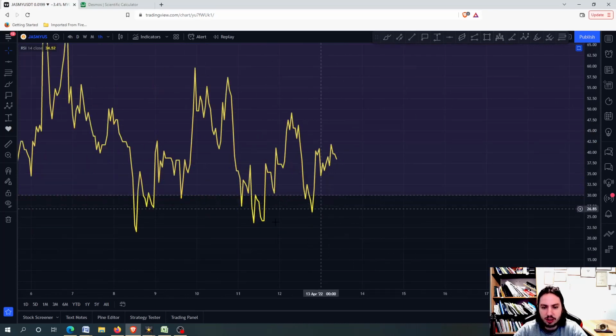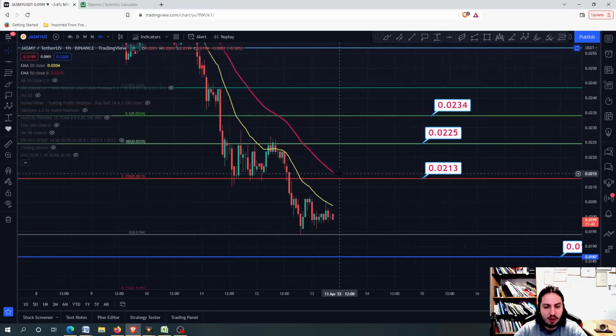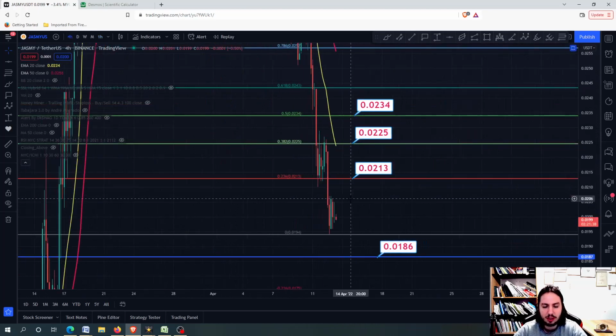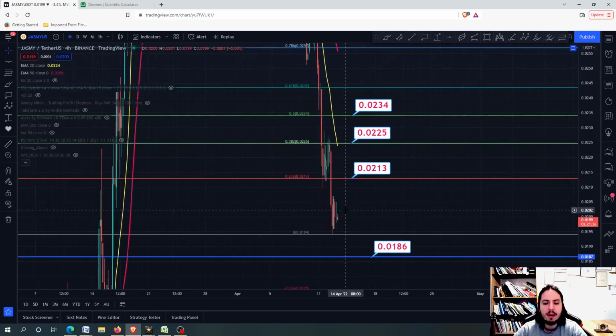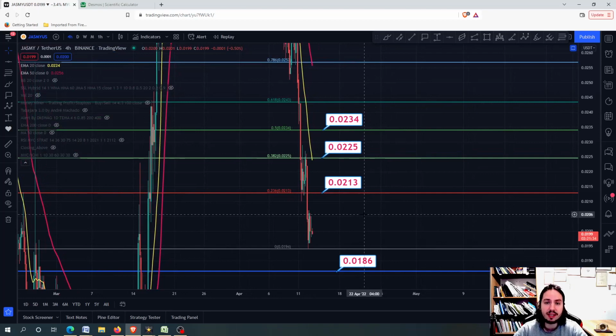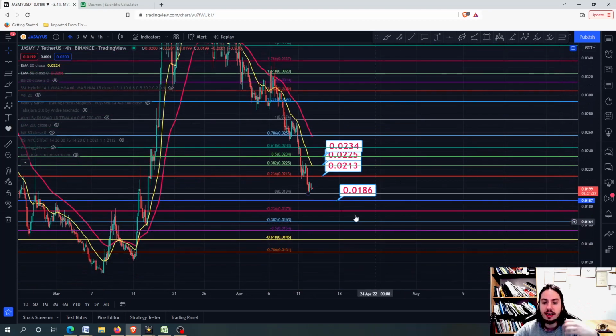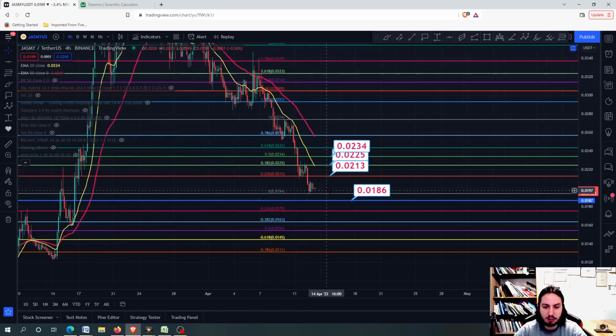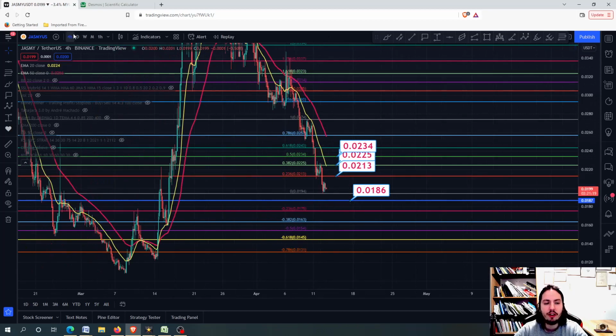We have some continuous bullish RSI divergence right here though, and this is why I'm expecting Jasmy to have a minor pump. But I think that for now at least, I do not want you to get overhyped because it will be a minor pump. Okay, for me personally, it would be a minor pump and we wouldn't be going all the way higher.